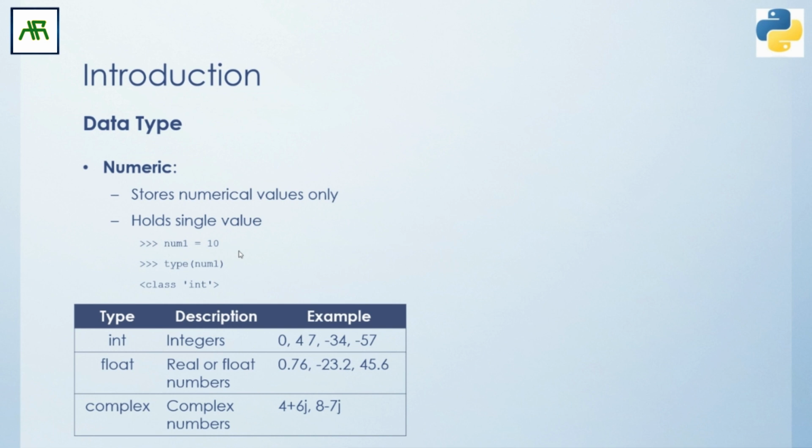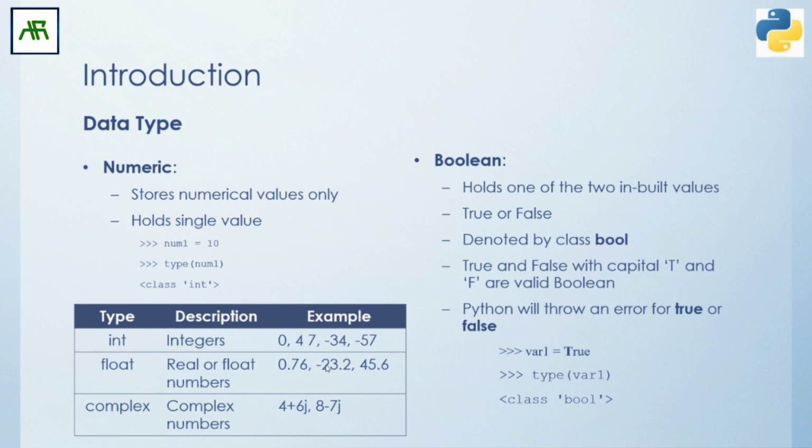First one is integer, which can hold whole numbers, both negative, positive, and zero. Float is real or float numbers, both positive and negative, decimal numbers. And complex numbers are a number with plus or minus a j with an associated number. So these are the three major types. As I mentioned earlier, Boolean is also a subset of numeric, which we'll look at later.